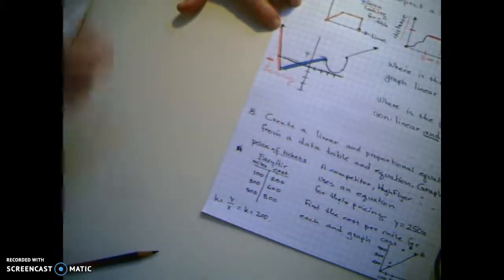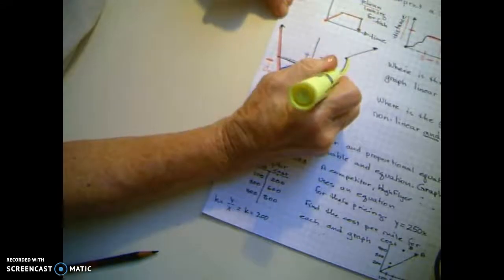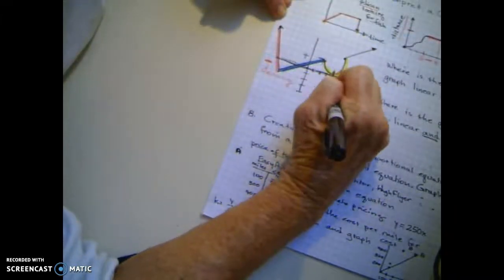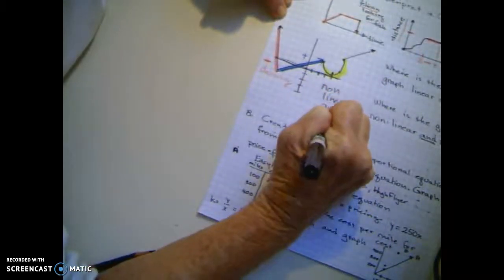This particular interval right here, it's not linear at all. It's in the shape of a quadratic. So in this case, the yellow portion is not linear. And in this case, from this point to this point, it is nonlinear and negative or decreasing.